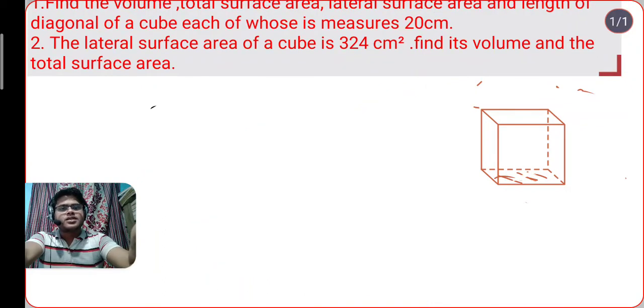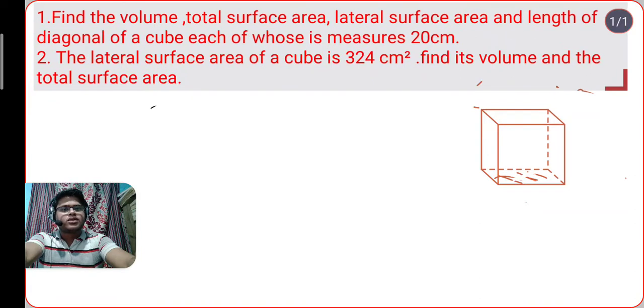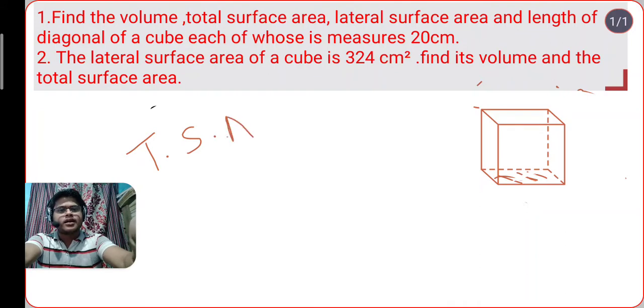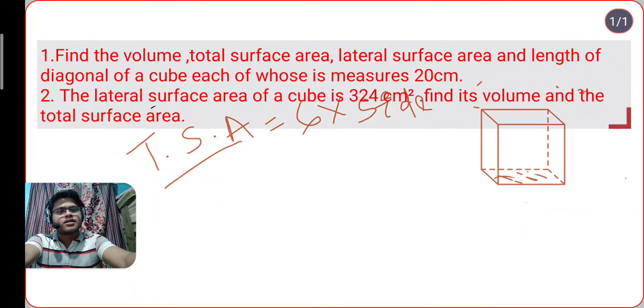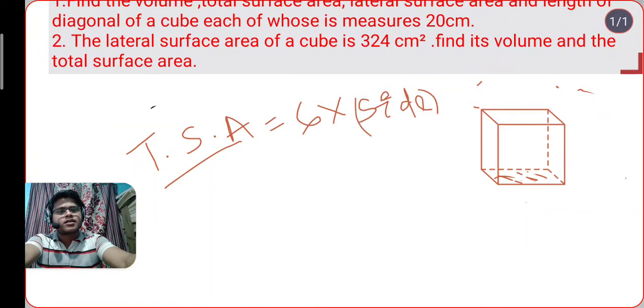To calculate the total surface area, TSA, we have to put the formula 6 into, what is the formula here? Side square, because 6 faces, side square. So we are getting here 6 into, so what is the side here?